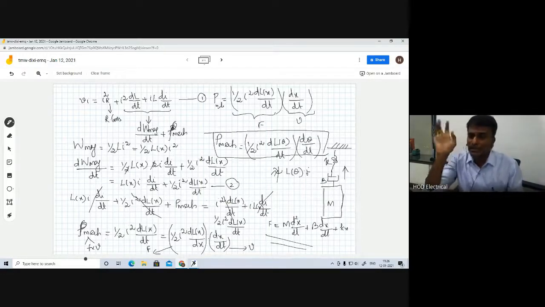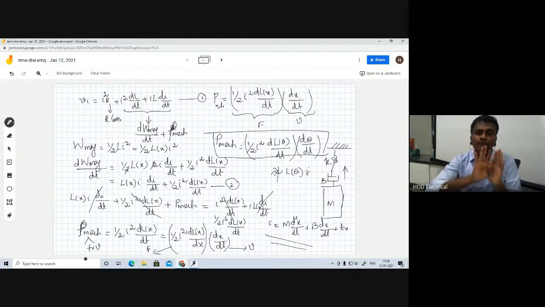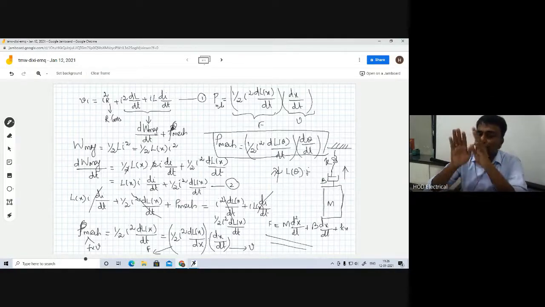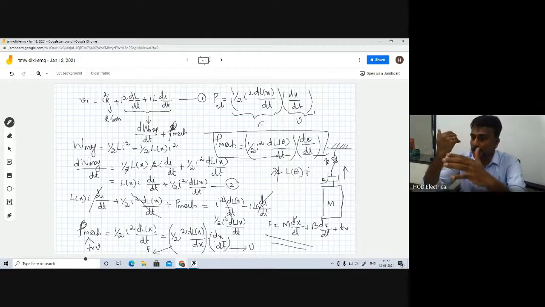The stored energy in the magnetic field is half L I square. Then the input power is nothing but losses plus rate of change of field energy plus mechanical output power. From this, the mechanical output power for linear motion is half I square dL(x)/dx into dx divided by dt, that means force into velocity.